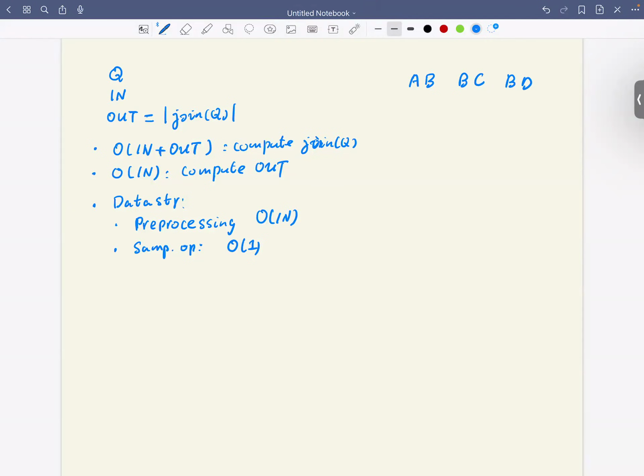You can produce one result tuple in the join and then feed it to the downstream operations, so you don't want to block the pipeline for too long. This is one practical consideration.